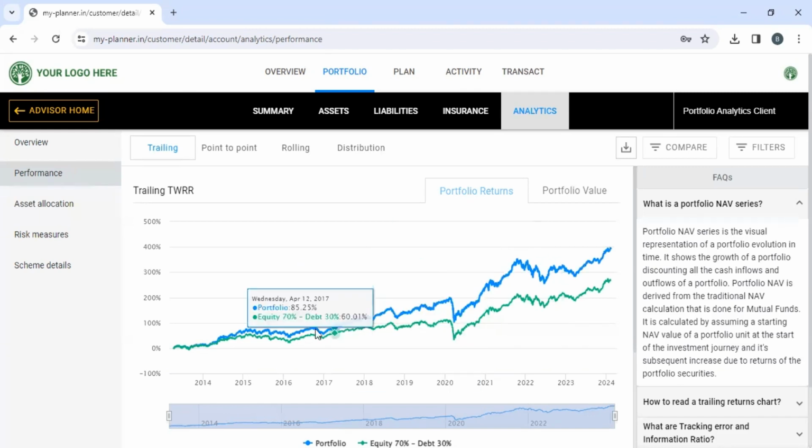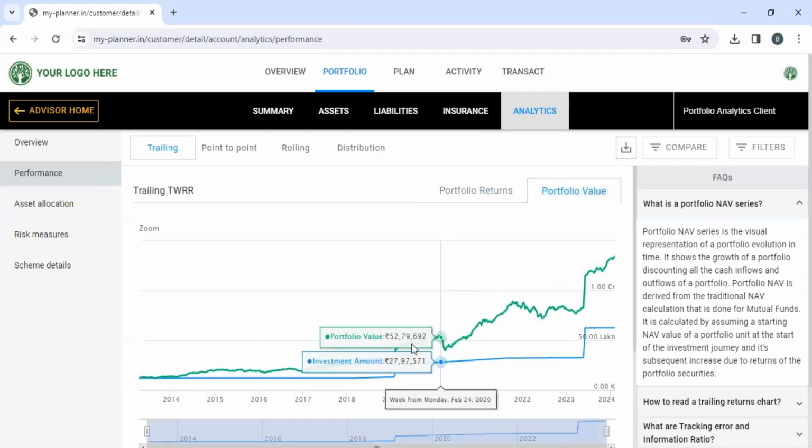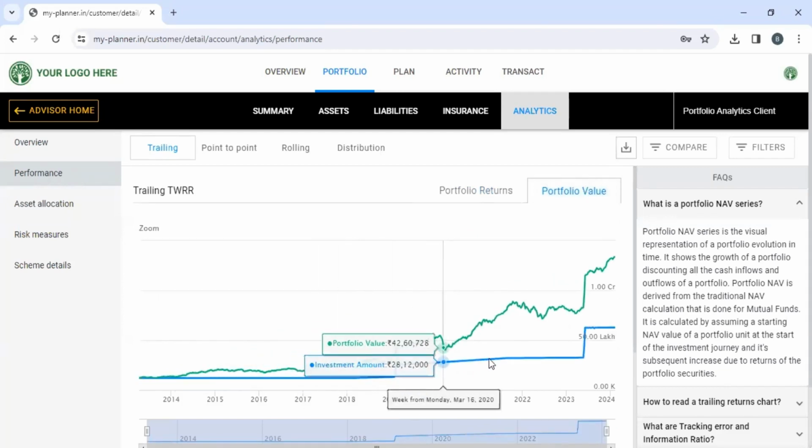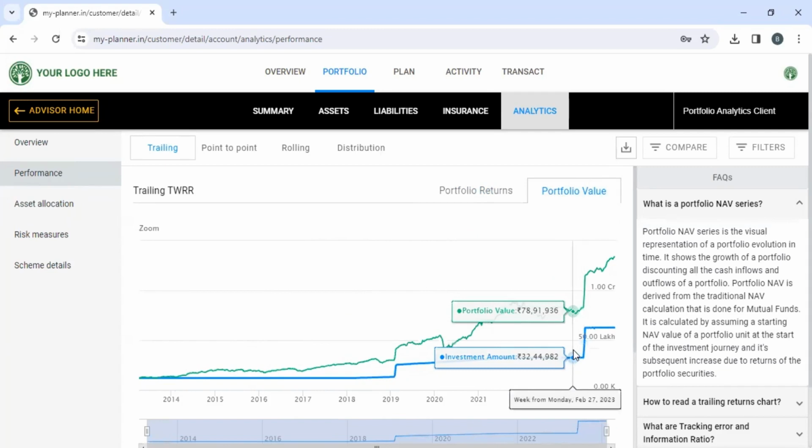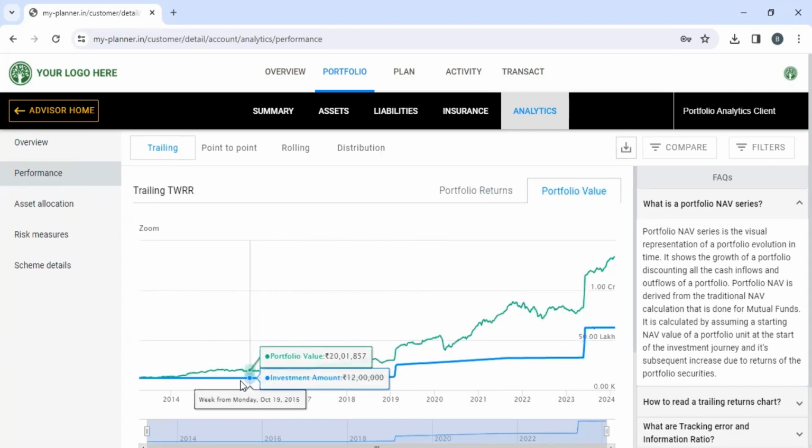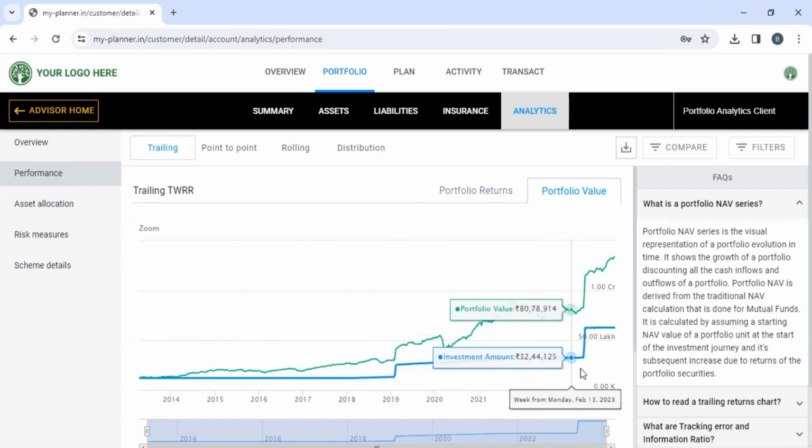As you can see, this shows portfolio returns versus portfolio value. Portfolio value shows basically the amount invested versus the portfolio value. Initially there wasn't much investment, it was only 12 lakh rupees, and it all grew just by being in the market, and then it got a bump because of cash inflow.